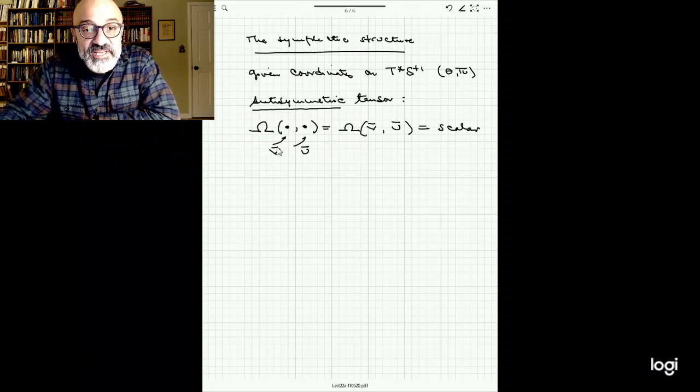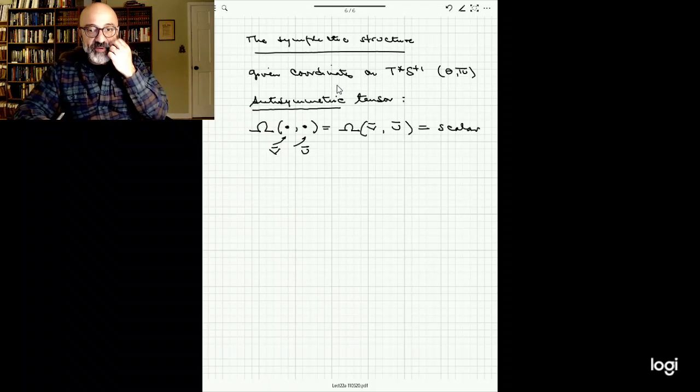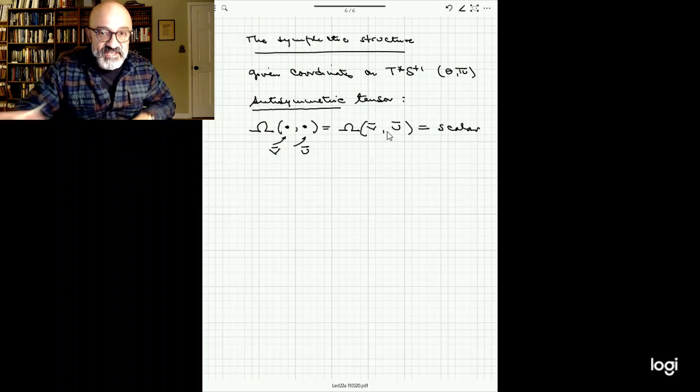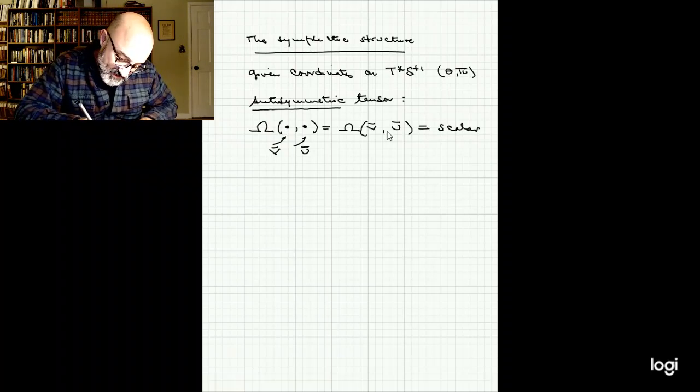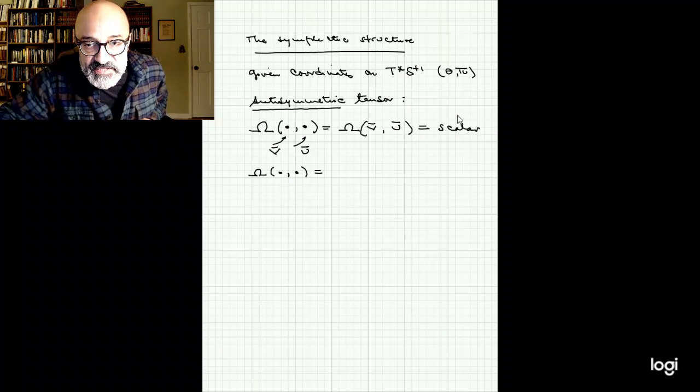We're going to say that this guy here, which is called the symplectic form, gives it a symplectic geometry. So we have to develop some intuition about what this means, but what is the form of this tensor? Well, the form is that it's going to have two slots, and it's going to produce a scalar.